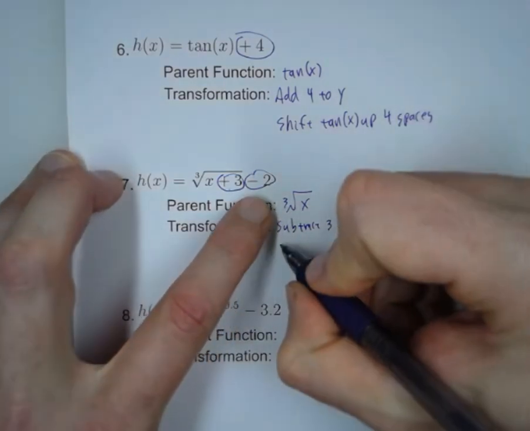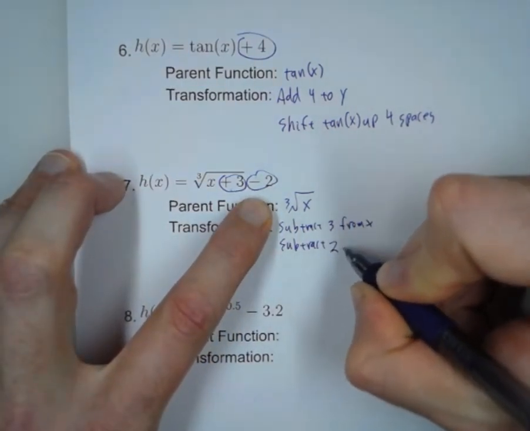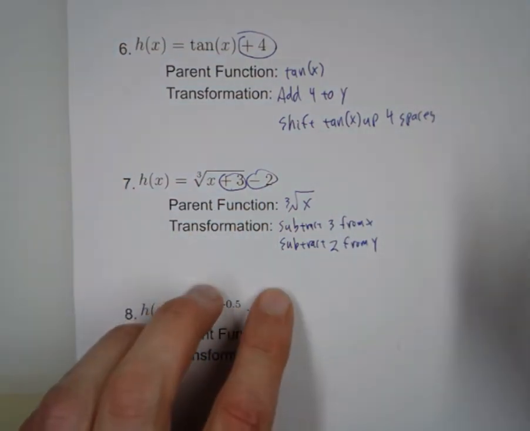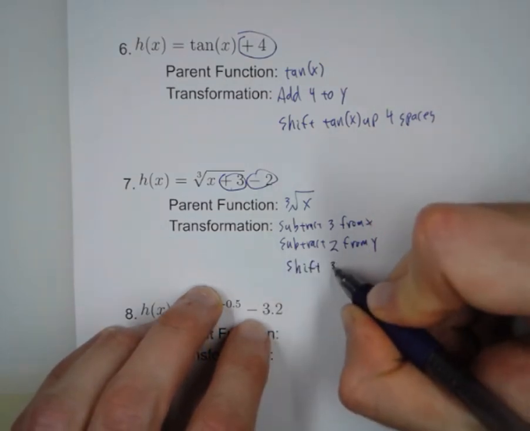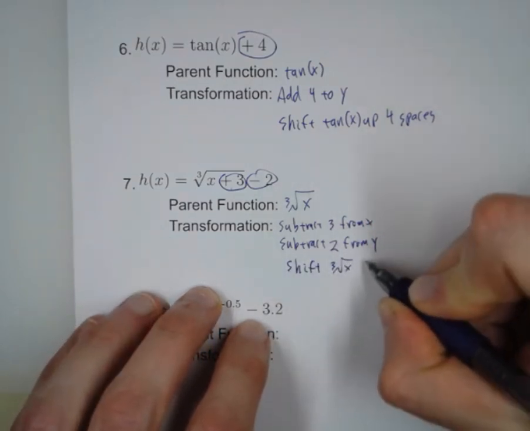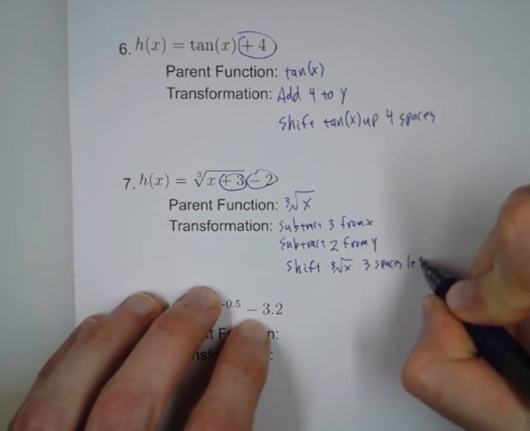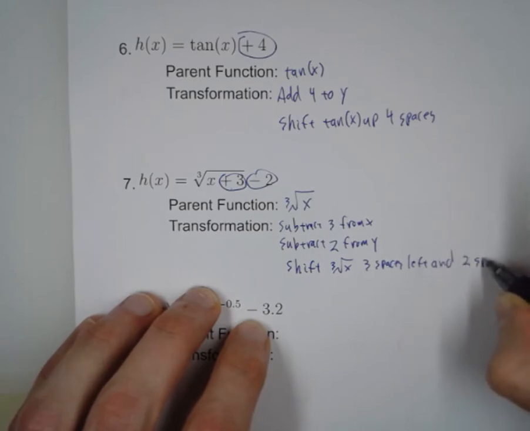And the minus 2 means I subtract 2 from y. So the overall change is that I shift the cube root of x 3 spaces left and 2 spaces down.